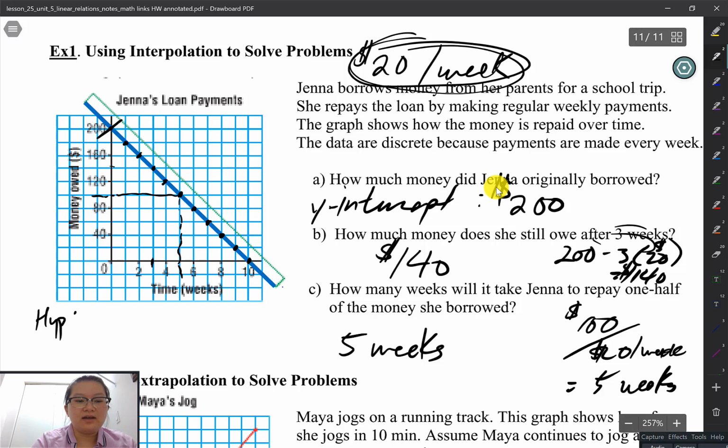Hypothetically, if Jana paid her parents every second, what that means is that she's continuously paying her money back. It's as if she put the money in the bank, and the bank just sent these strands of data of money to her parents' account slowly for 1 week.